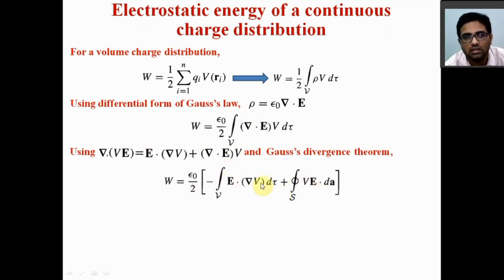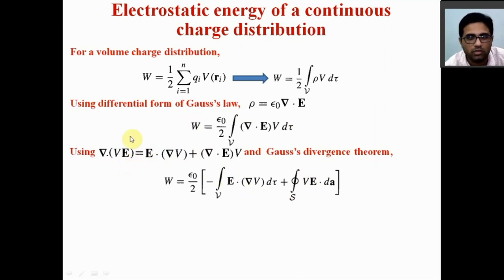Here this del dot (EV) is basically divergence of (VE) minus E dot grad V. So that is why the first term is the total volume integration minus E dot grad V. And here first we will get the total volume integration, divergence, this one, divergence VE, right?